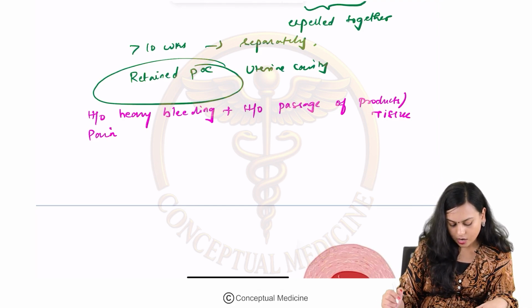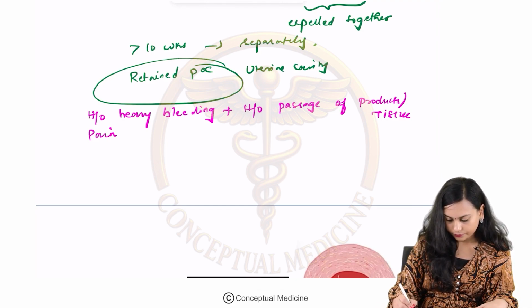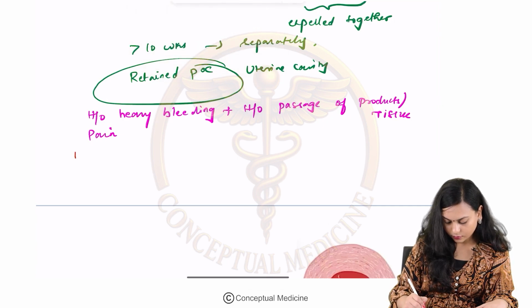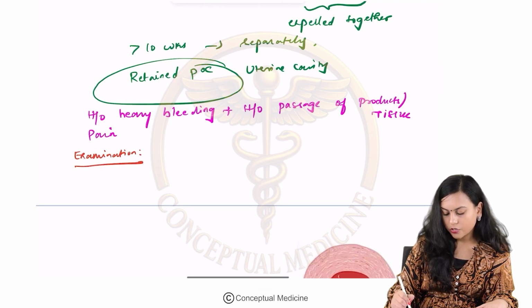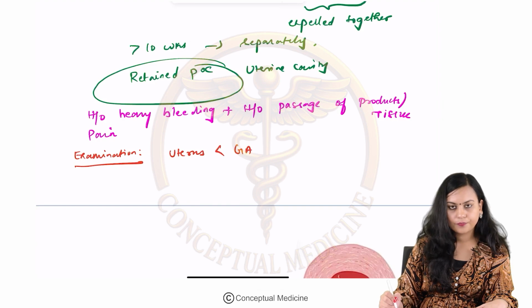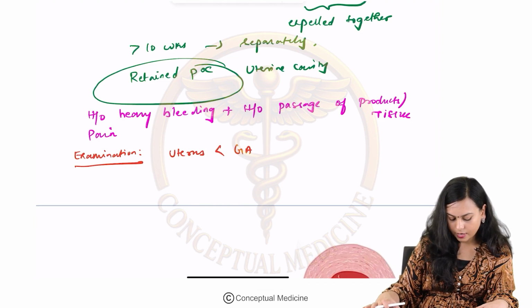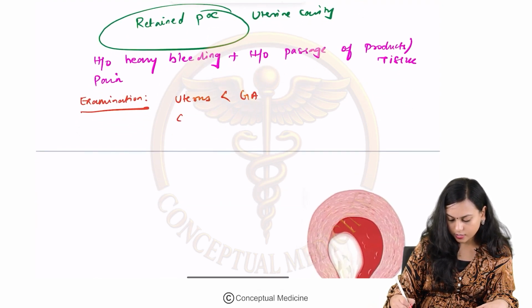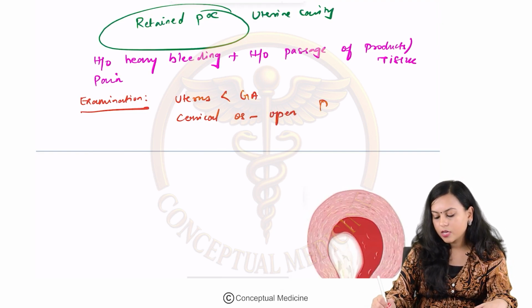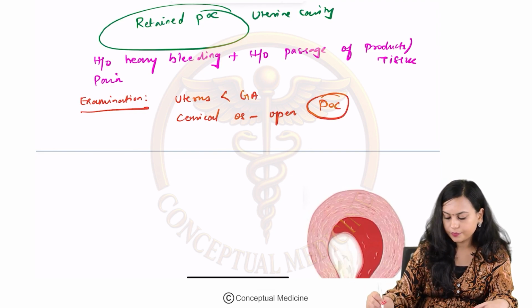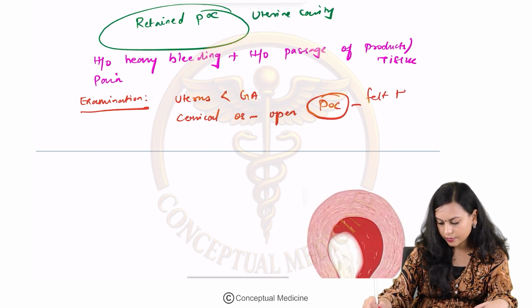Then when you do an examination, usually the uterus is smaller than the gestational age, because some of the products are going to pass out of the uterine cavity, and the cervical os may be open. In this case also, products of conception can be felt through the os.